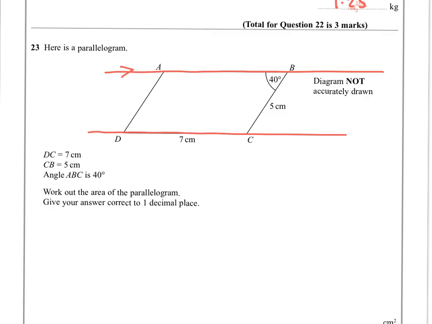That's the perpendicular height. And then if you've got one of the triangles, which is base times perpendicular height halved, then you can see that if I double the amount, I'll get the area of the parallelogram. And if I double this, I just get base times height.